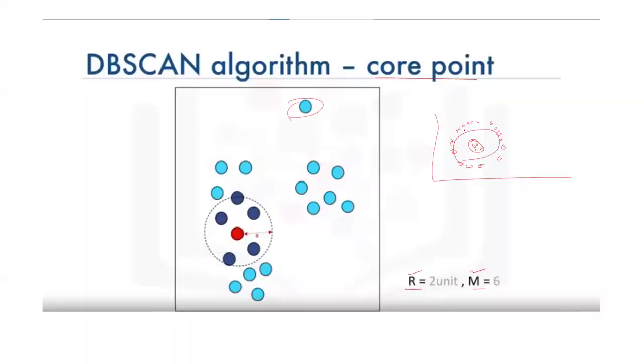This is something you will do if you have to do it manually. But if you have to explain how you are doing it, you will just say that I have identified this dense region. All these points are very closely packed, and they are very dense in this particular region, so I marked it as one cluster. That's how we as humans do it.